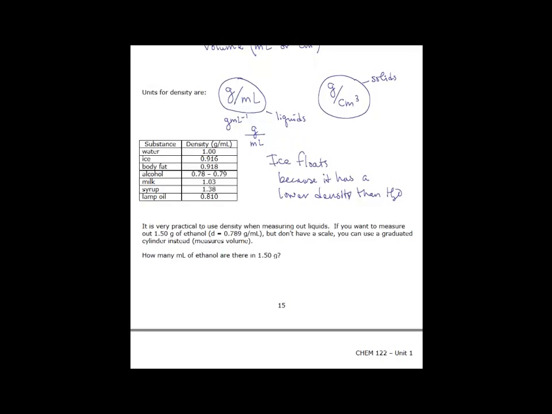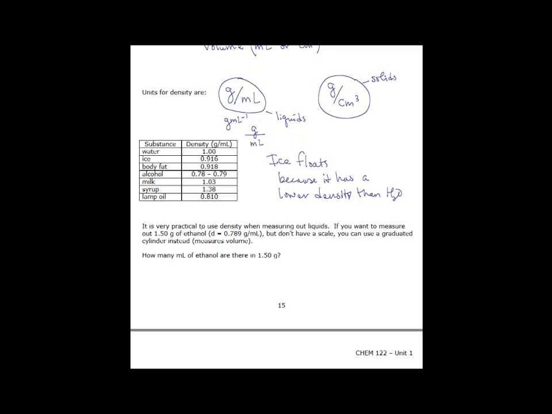And a graduated cylinder measures volume. So let's see, if I want to measure out 1.5 grams of ethanol, which has a density of 0.789 grams per milliliter, I would be able to figure out what volume is required. So we know two variables, we need to solve for the third.